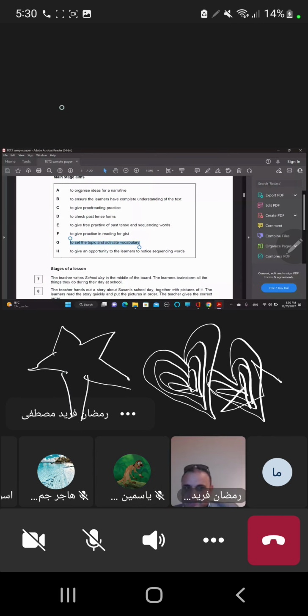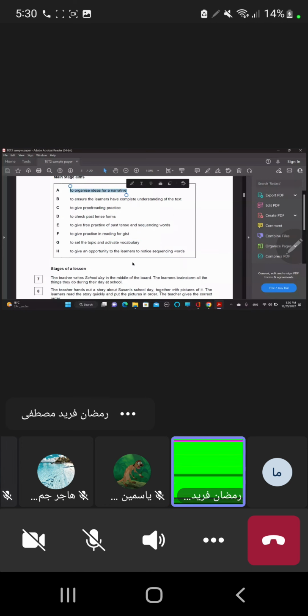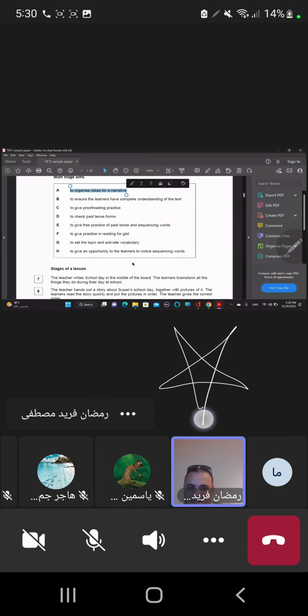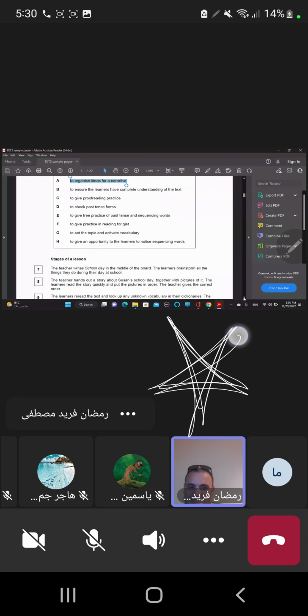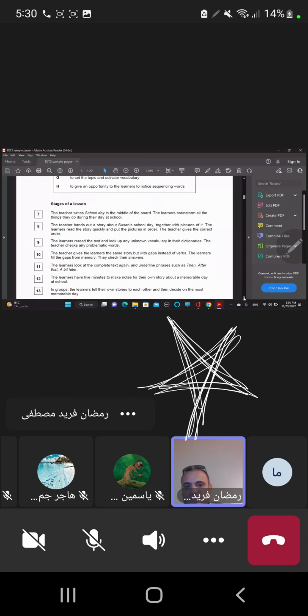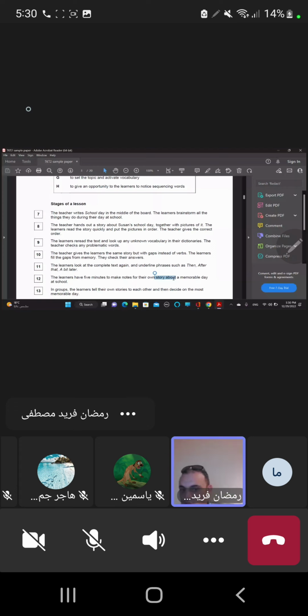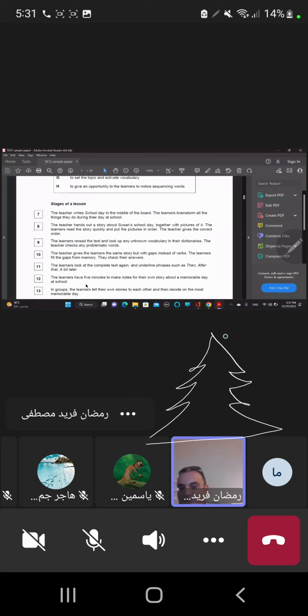Organize ideas for a narrative. Here the learners have 5 minutes to make notes for their own story. Their own story, so here there is a narrative about a memorable day. They take a couple of minutes to organize their thinking about their own story or narrative.